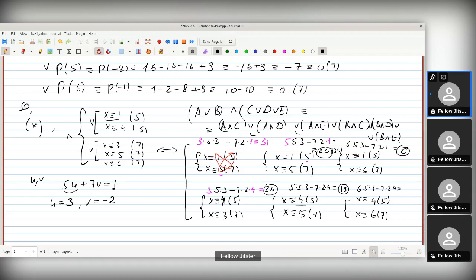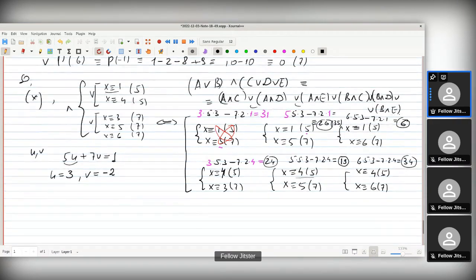Does 19 satisfy this one? Yes. It is 4 modulo 5 and 5 modulo 7. Exactly. And the last one, 90 minus 56. 34. And 34 is 4 modulo 5 and 6 modulo 7. Do you agree? Yes.